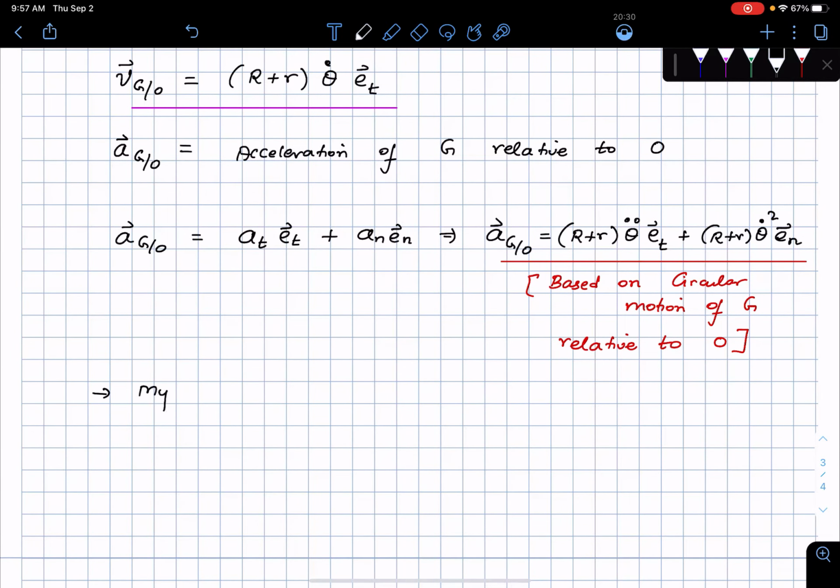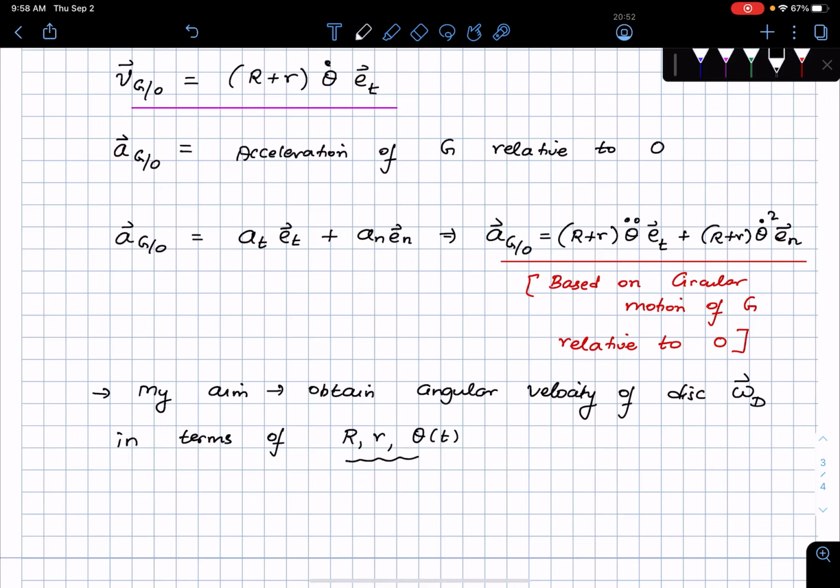So my aim is to obtain the angular velocity of the disk, which I'm going to call omega d, in terms of little r, capital R, and theta as a function of t.